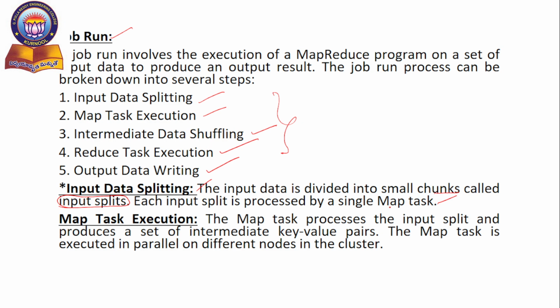That is, one map task will work on one input split. Now, map task execution. The job run's another responsibility is to take care of the map task execution. The map task processes the input split and produces a set of intermediate key, value pairs. The map task is executed in parallel on different nodes in the cluster.